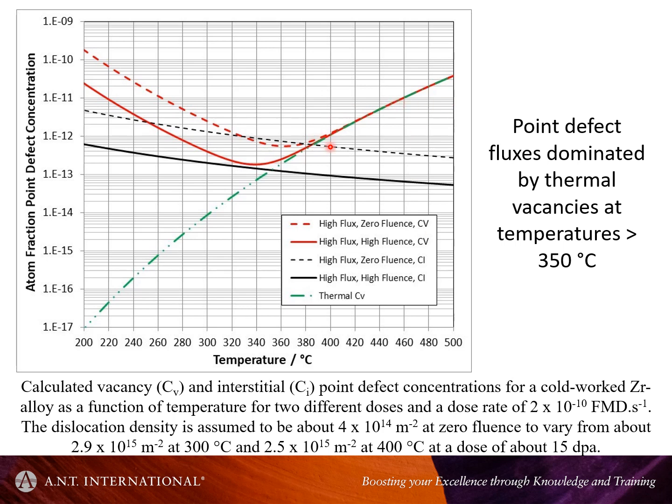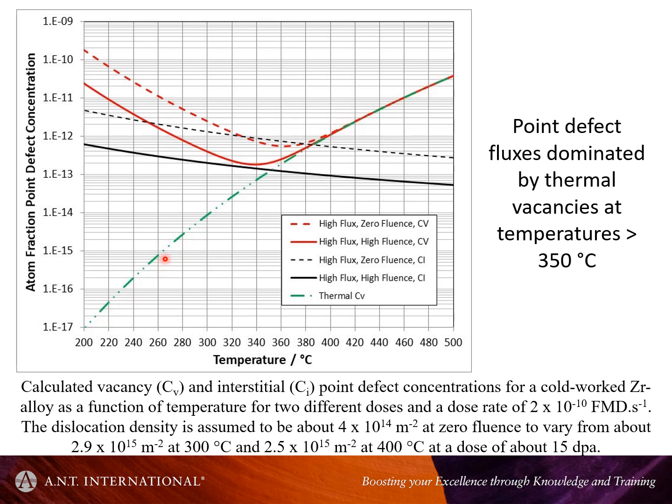One of the interesting things about the rate theory calculations is you can calculate the steady state point defect concentration as a function of temperature and damage rate and dose, and with dose you're increasing the point defect sinks in the form of dislocation loops. And what this shows when you do it for a typical zirconium alloy is that around about 360, 380 degrees C, one expects that certainly the vacancy concentration does not exceed what would be thermal.